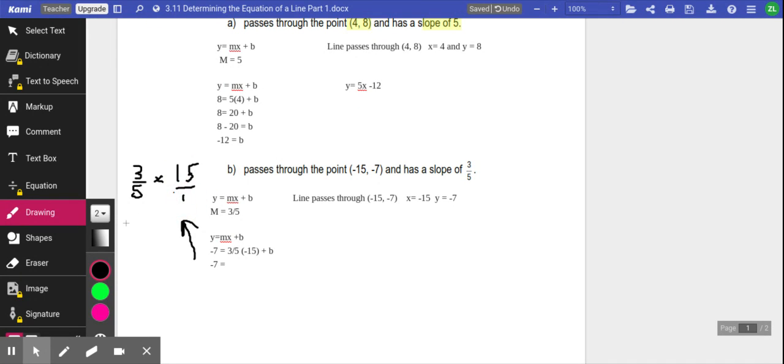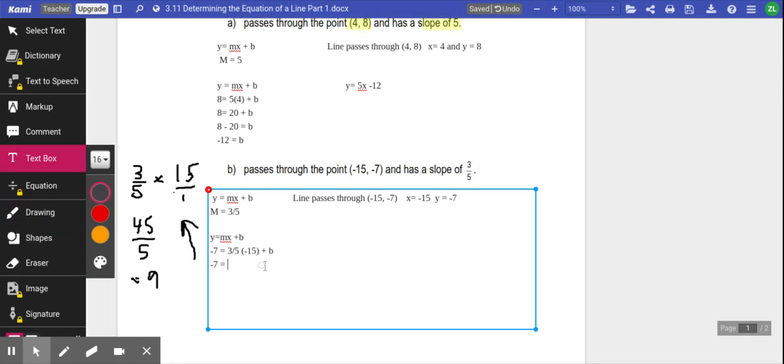So 3 times 15 being 45. And on the bottom, 5 times 1 being 5. Now, if we reduce this, 45 divided by 5, we're going to come up with the answer of 9. And then we're going to continue on here.